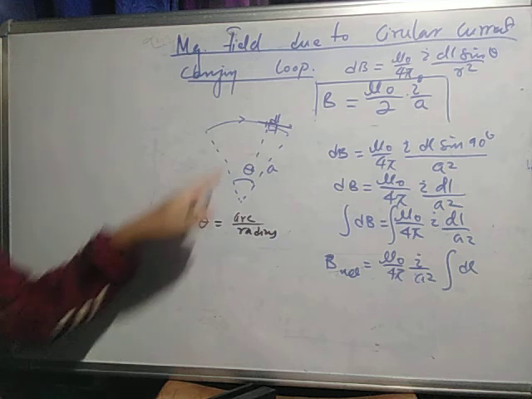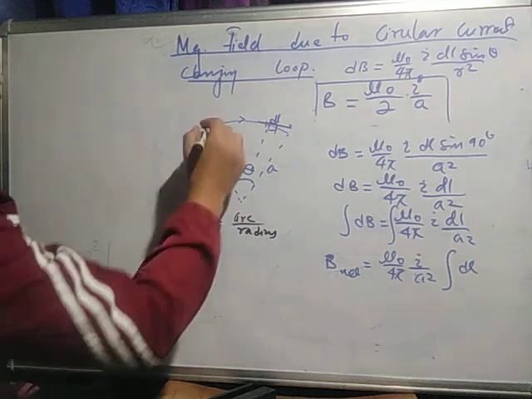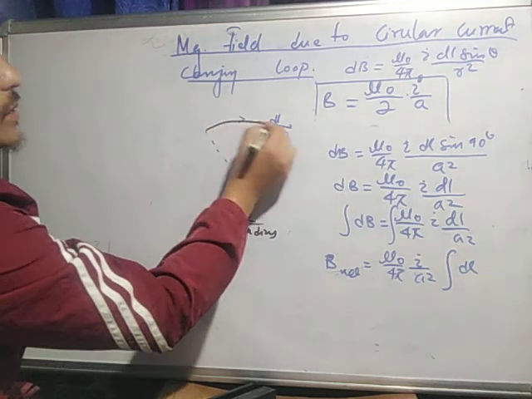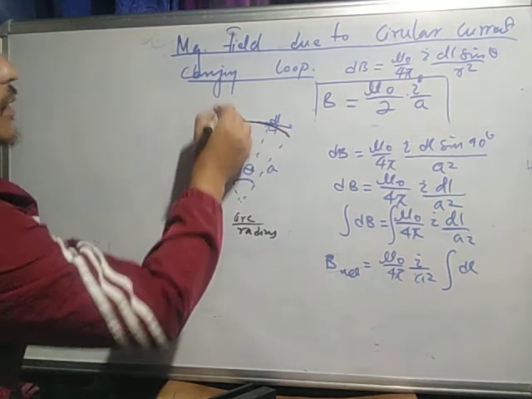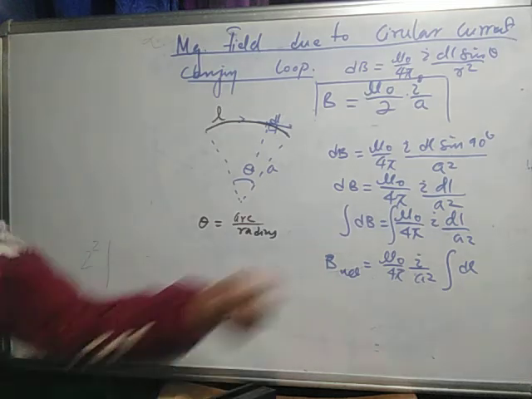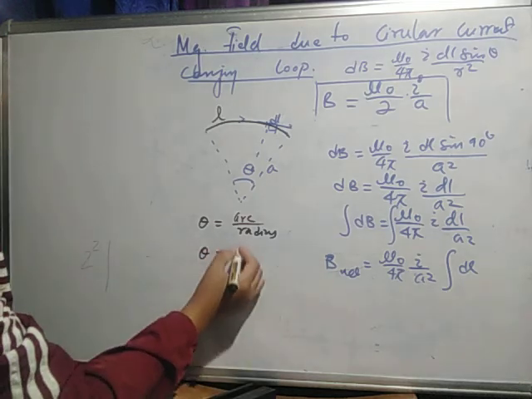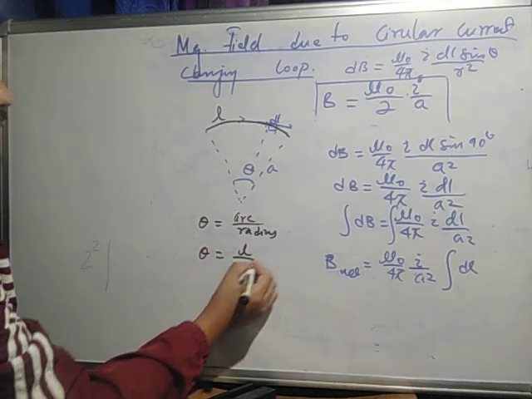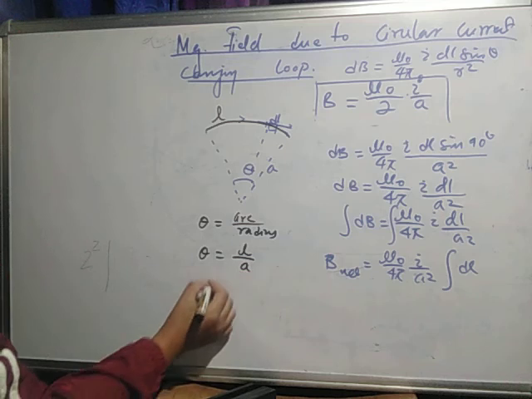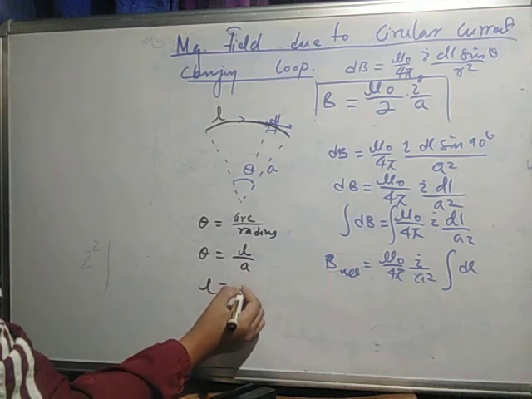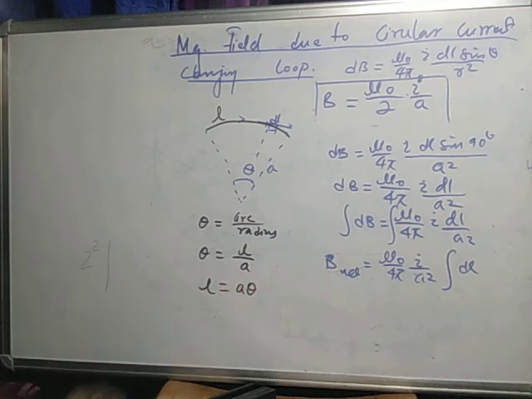So if I say this length is L, then theta equals to arc L by radius a. Now length equals a theta, isn't it? Yes.